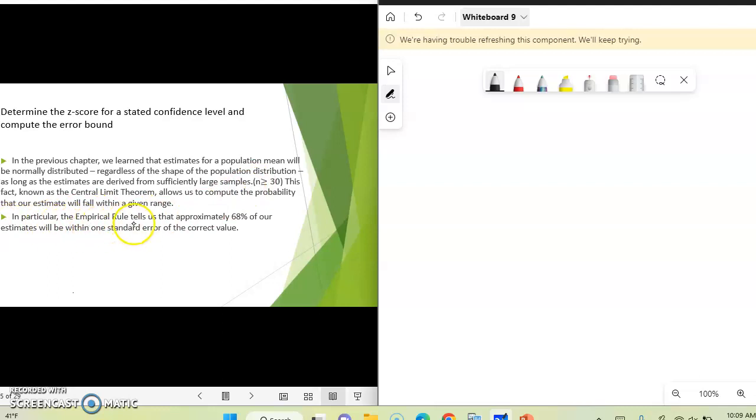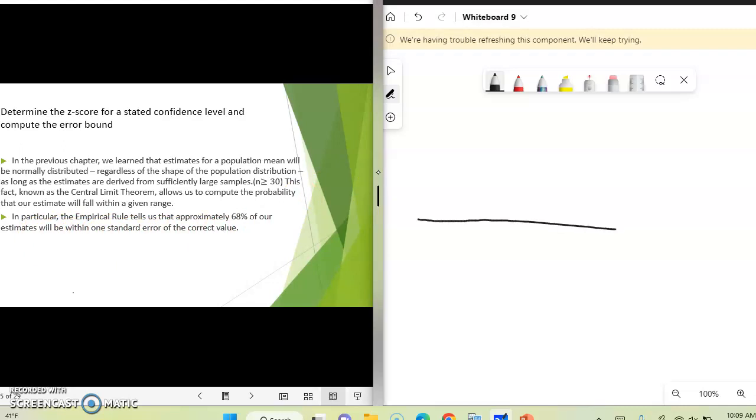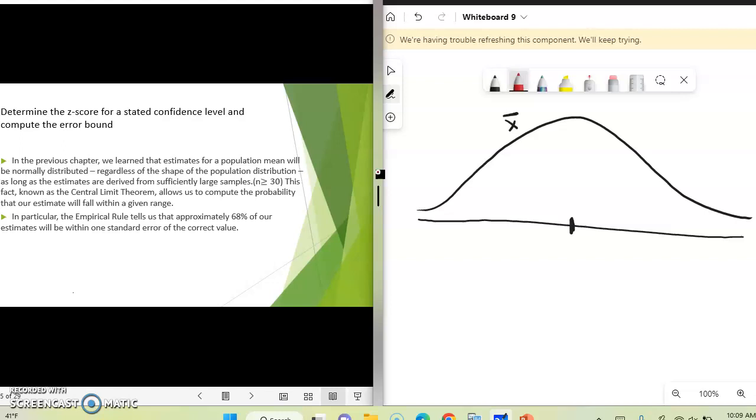In particular, the empirical rule also tells us that 68% of our estimates will be within one standard error of the correct value. So what's happening here? We are saying that the sampling distribution of means is always going to be normal with your sample mean at the center.